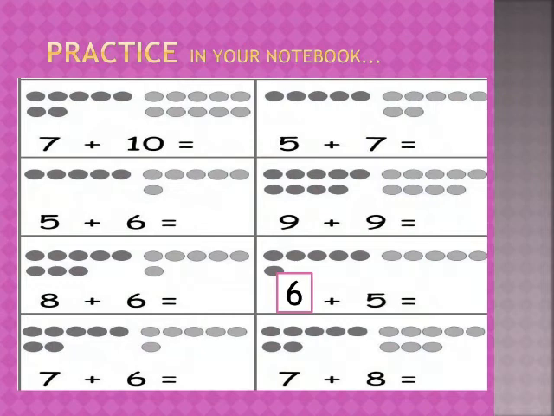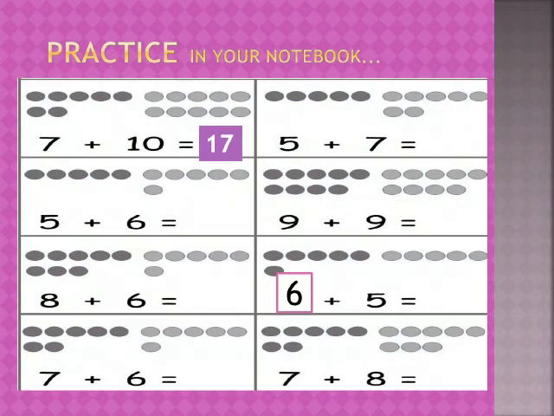By counting all the circles together. So children, count. So 7 plus 10 is 17.